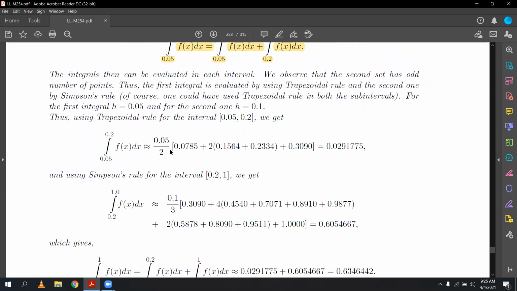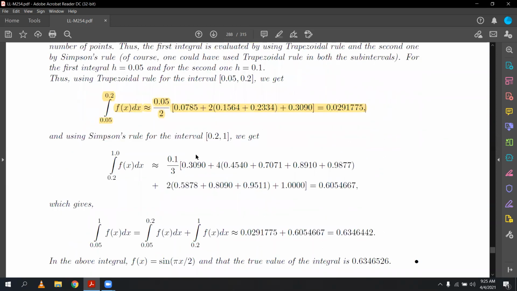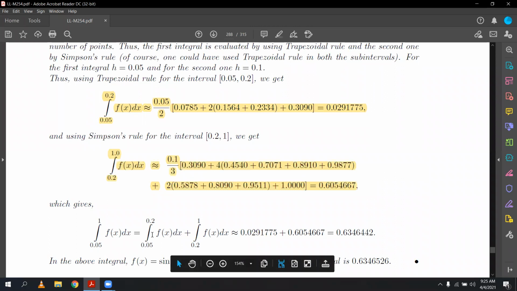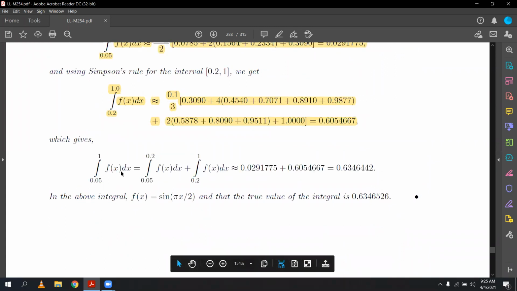For the first, when we use the composite trapezoidal rule, we have this approximation, and when we use the Simpson rule for the other integral, we have this one. So this answer plus this answer will give you the approximate value.